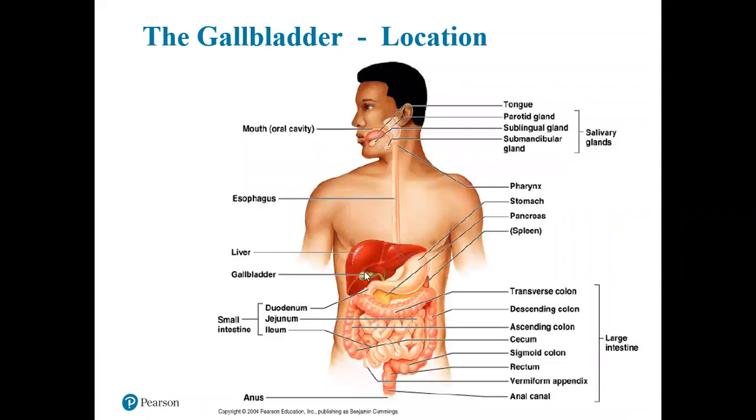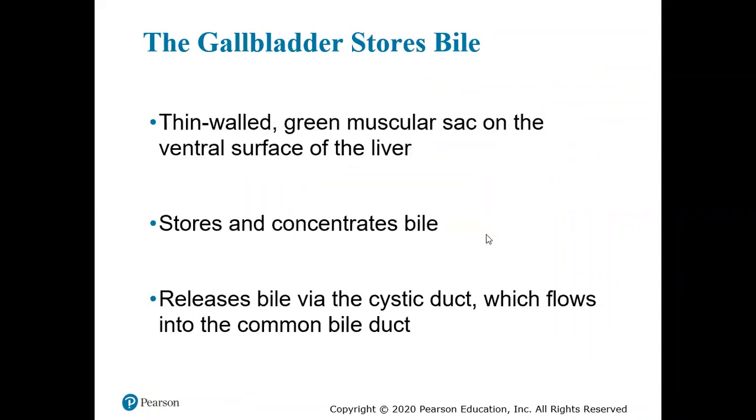The gallbladder is kind of on this posterior aspect of the liver, and then the pancreas is going to slide just underneath the stomach. The gallbladder stores bile. The liver makes bile.